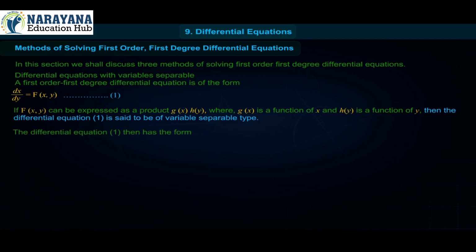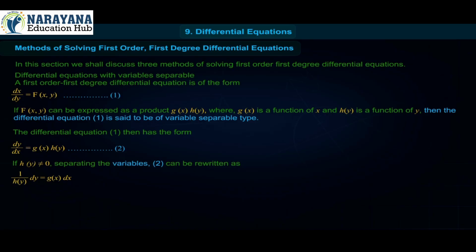The differential equation 1 then has the form dy by dx is equal to g of x into h of y. Equation 2. If h of y is not equal to 0, separating the variables, 2 can be rewritten as 1 upon h of y dy is equal to g of x dx. Equation 3. Integrating both sides of equation 3, we get integration 1 upon h of y dy is equal to integration g of x dx.